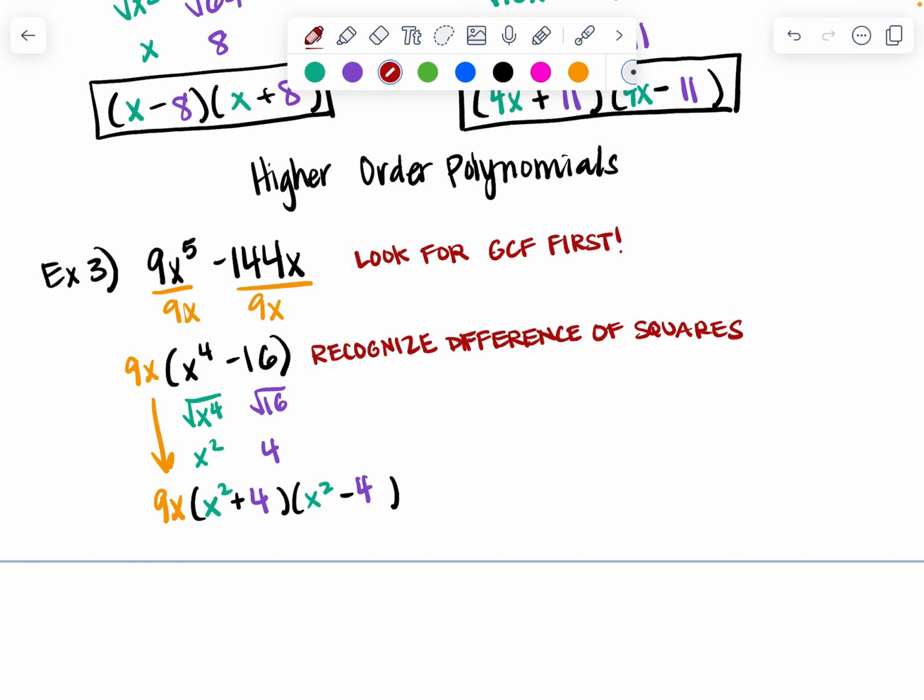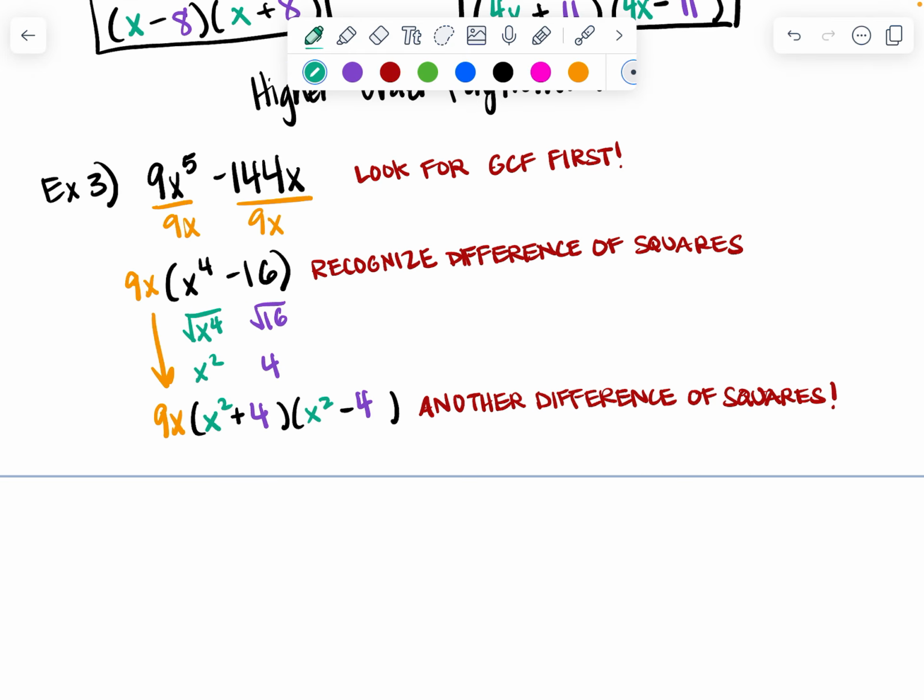And then, hopefully you've noticed that there is another difference of squares here. So we have the square root of x squared, which is x, and the square root of 4, which is 2.